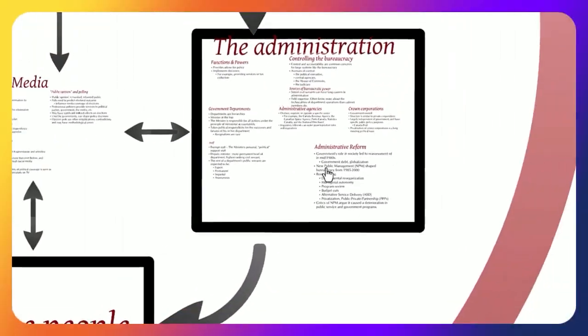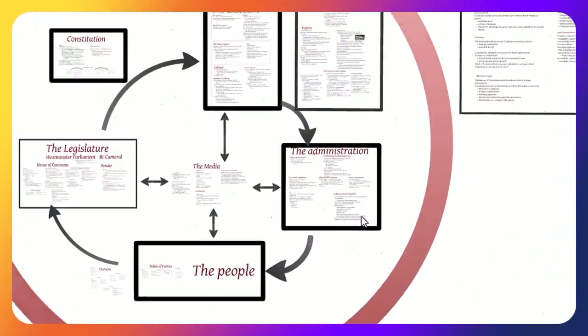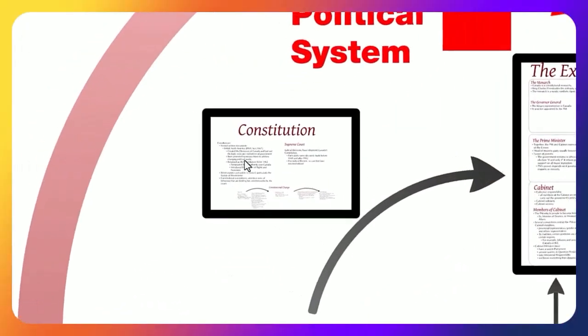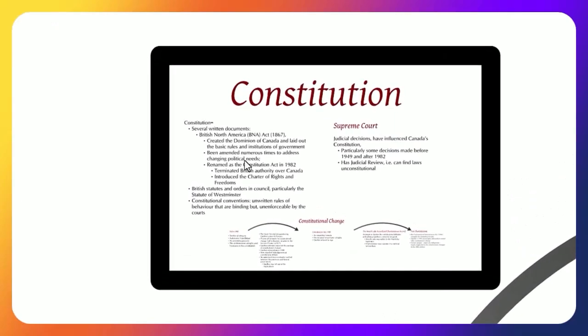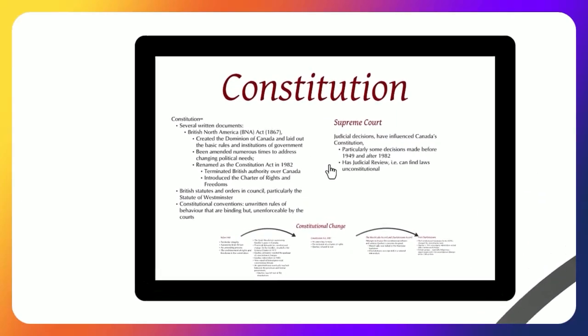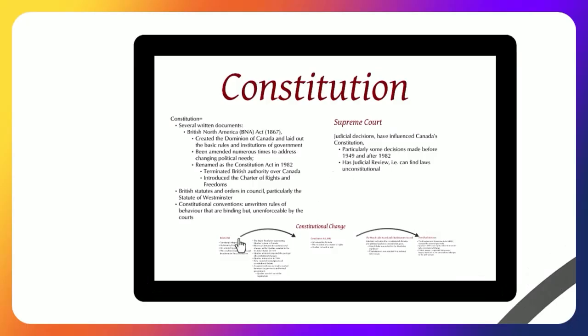Canada is a constitutional monarchy, and as such, there is a constitution and a Supreme Court to watch over that constitution, and how the constitution has shaped Canadian politics and continues to be significant, particularly perhaps for Canadian federalism, is something that also has to be discussed in greater detail.